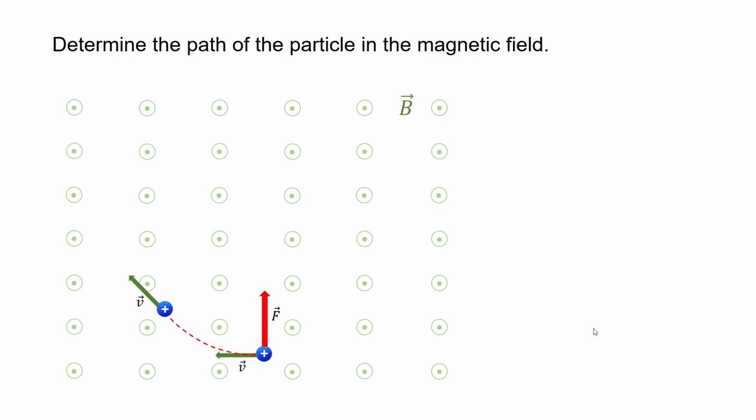Point your finger that way, and then curl out. So it's going that way. And that force also changes the trajectory of that particle. It curves the path because this force is pulling that particle. At that point, if you use the right hand rule, the force would be that way, which will also change the trajectory.